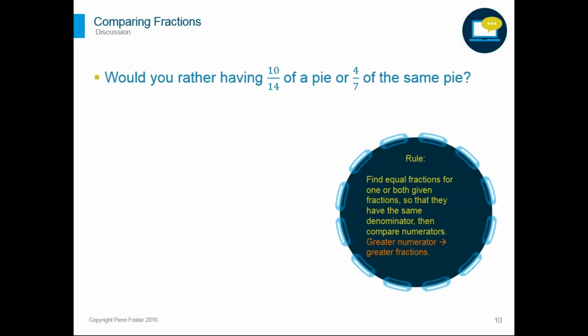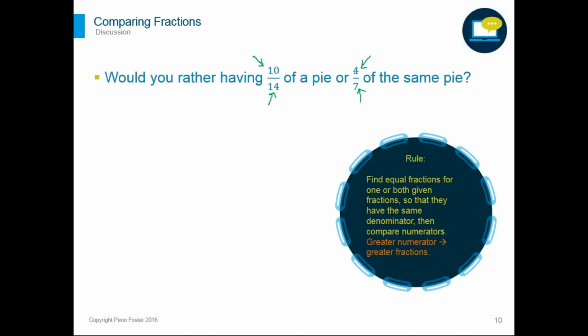Let's read the question. Would you rather have 10/14 of a pie or 4/7 of the same pie? In our mind, we are imagining two pies of the same size. One is cut into 14 pieces and you are offered 10, and the other was cut into 7 pieces and you are offered 4.